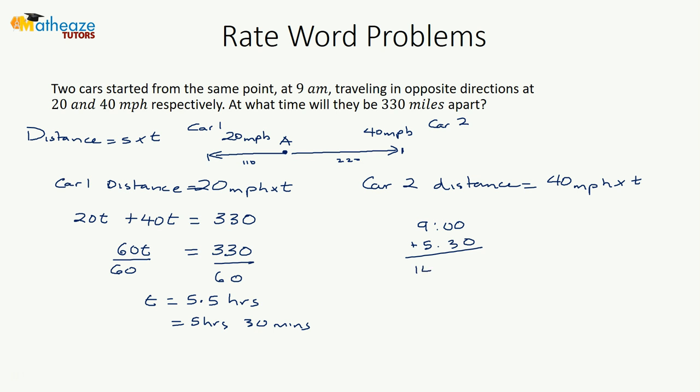So this is going to give us 1430 hours. And of course, we can convert it since it's in AM/PM. So we're going to subtract 12 hours. So it's going to be 2:30 p.m. So at 2:30 p.m., if the cars drive at these speeds, they will be exactly 330 miles apart.